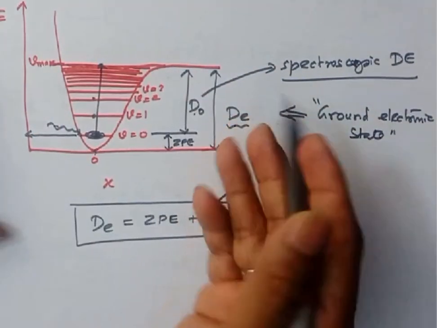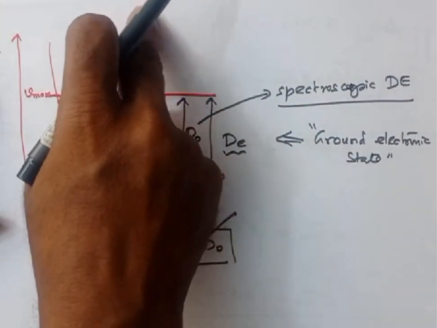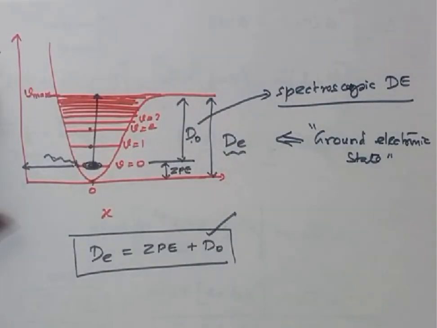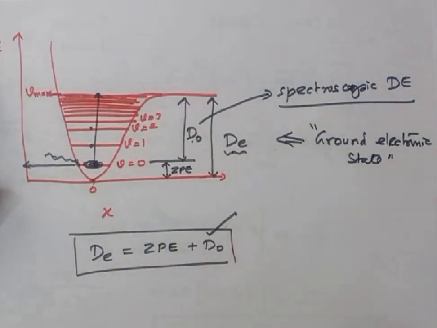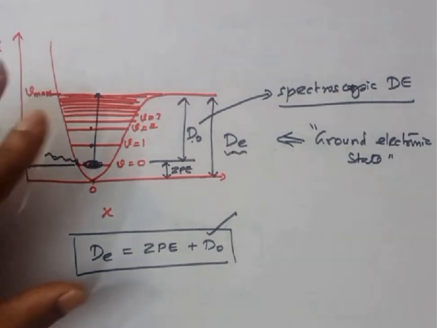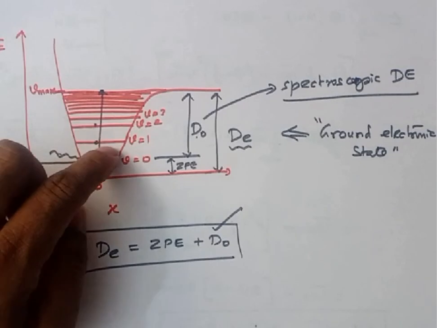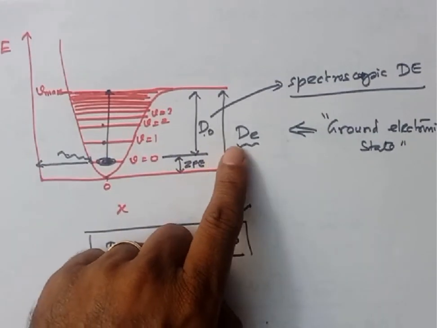You can also have dissociation energy for the excited electronic state, which is very useful in photochemical studies. For photochemical studies, excited state dissociation energies are very important. We are going to learn that under electronic spectroscopy. For vibrational spectroscopy, we consider only the ground electronic state dissociation energies.